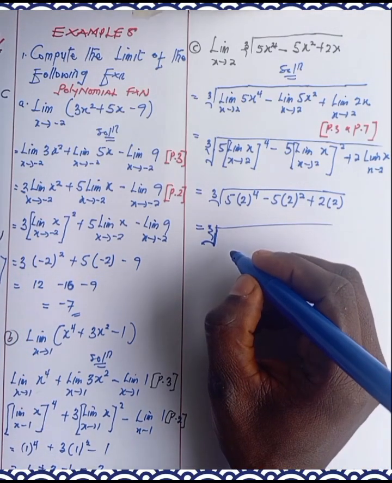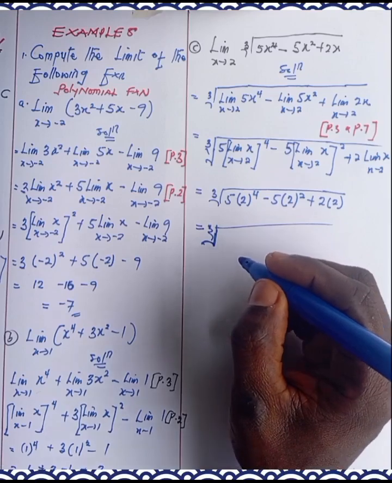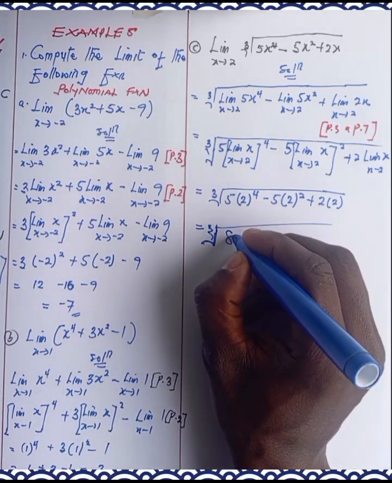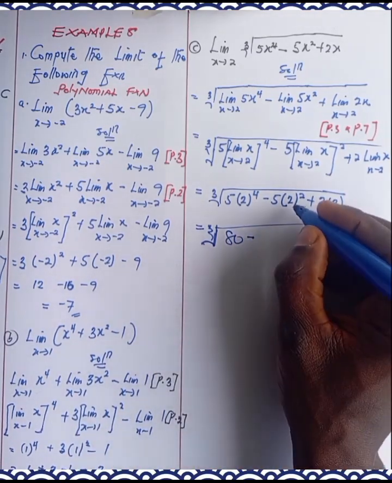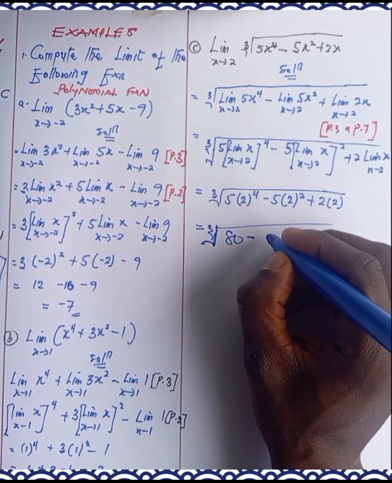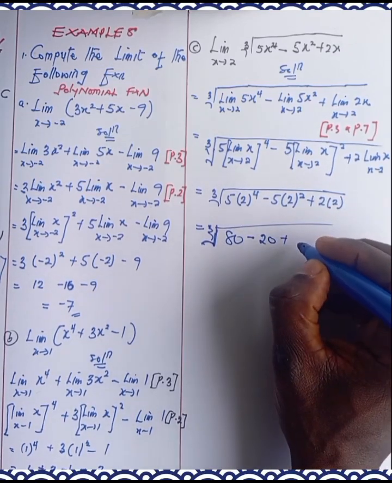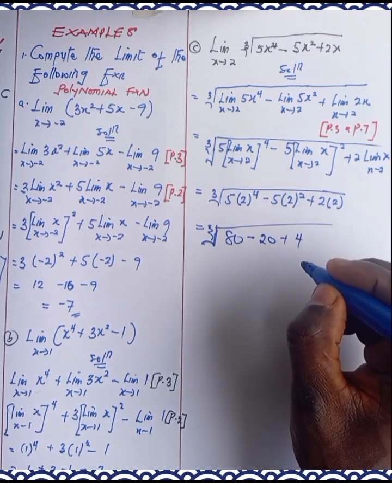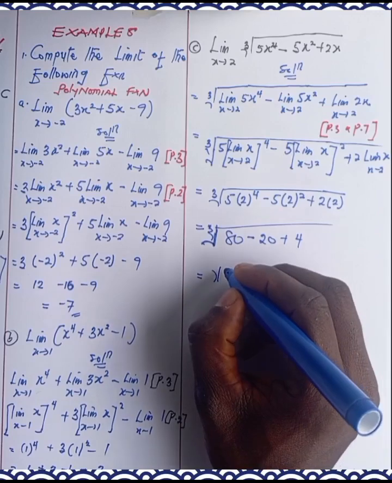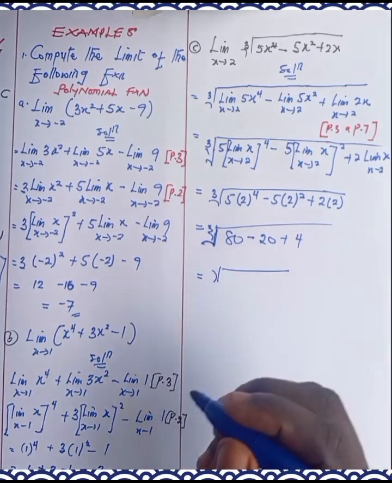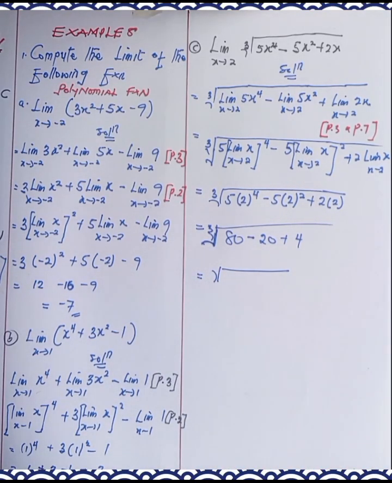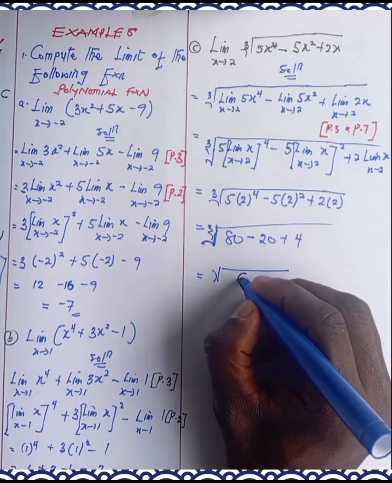So we have 2 exponent 4 times 5 will give you 80 minus 2 squared times 5, we have 20, plus 4. So we have 80 minus 20 plus 4 will give us what? 64.